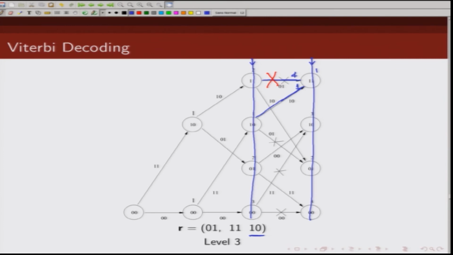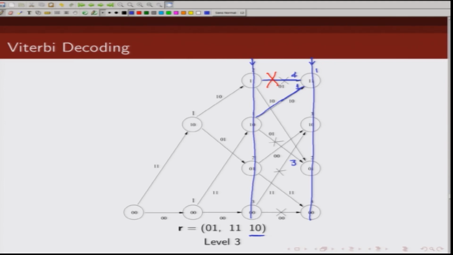Let us just take this example, this node 0 1. One path metric we will get by adding the partial path metric of this, which is 1, and 0 1 and 1 0, which is a Hamming distance of 2. So, 1 plus 2, this path is giving me a partial path metric of 3. What about this path?